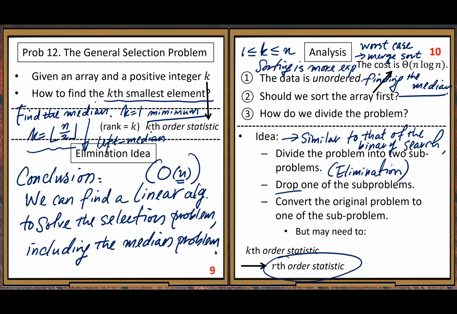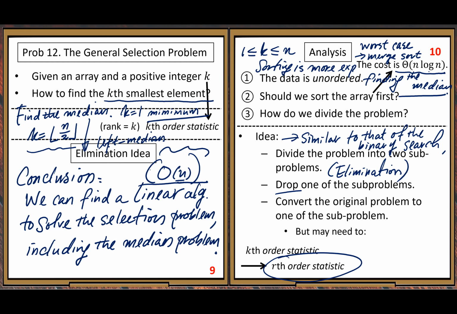With this algorithm, I didn't give you the details, but you can find them in our textbook. I can give you the reference if you want to study the details. But the conclusion is we only need a linear algorithm, not Big Theta of n log n.